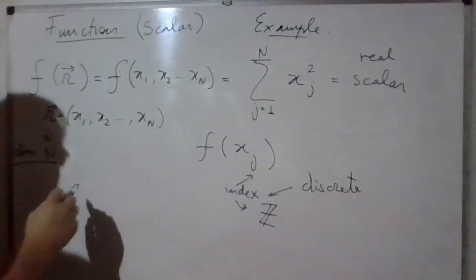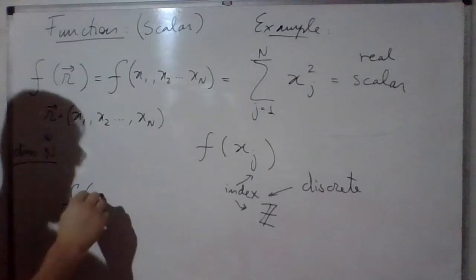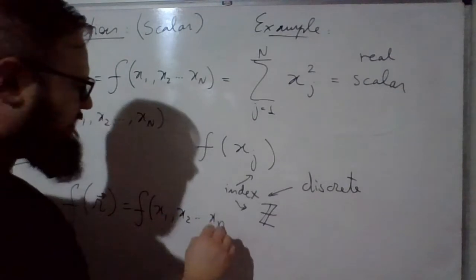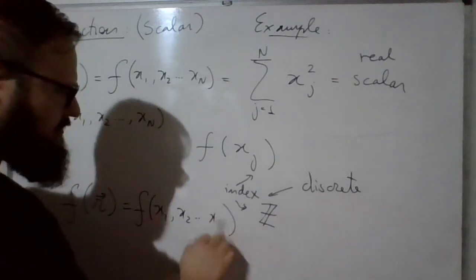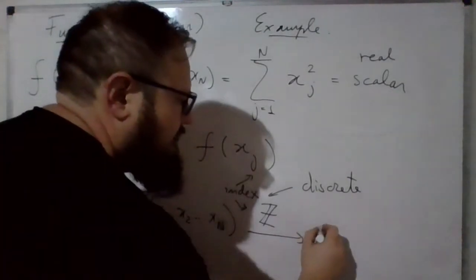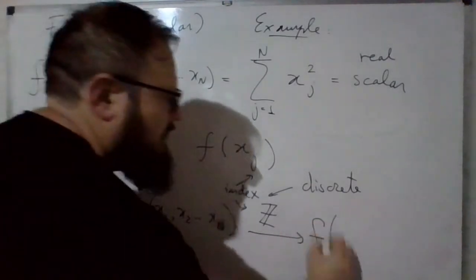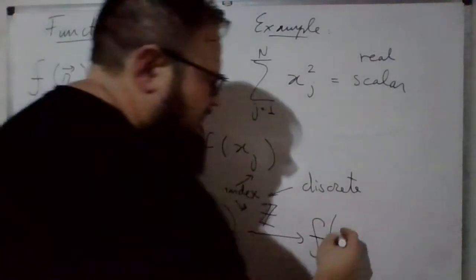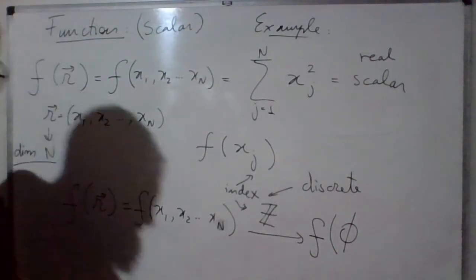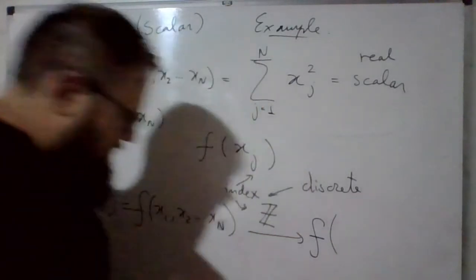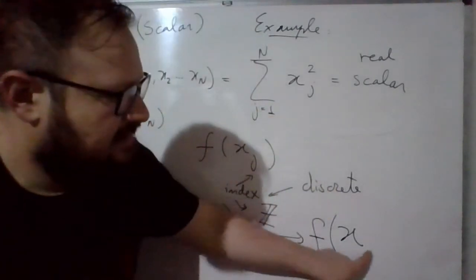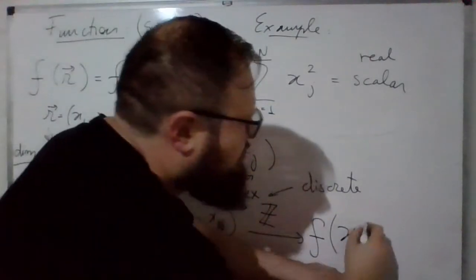So in replacement of f of r, which is f of x1, x2, up to xn, we need to replace by an f of a function, suppose a function phi, or let me use the same notation here, x of an index alpha, but alpha becomes a continuous parameter.